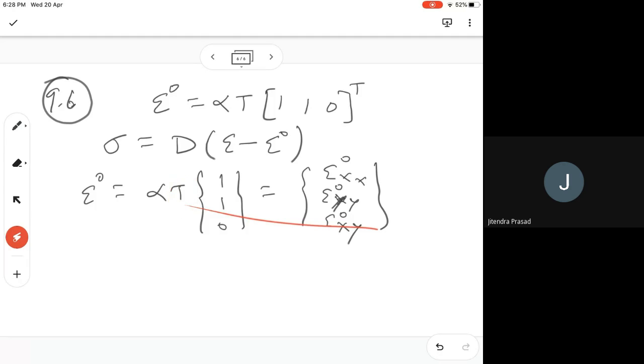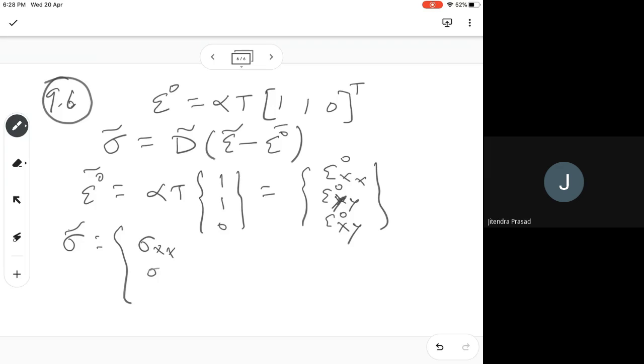And sigma is a relationship. In this case, just write like this: our sigma is sigma XX, sigma YY, and sigma XY. Earlier we used this, equal to D times epsilon.